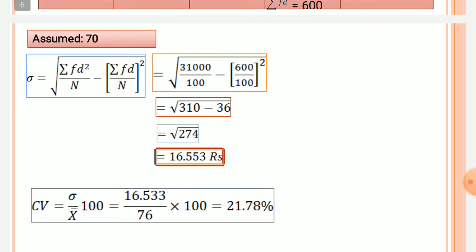Now, sigma is equal to root of sigma fd square by n minus sigma fd by n whole square, is equal to root of sigma fd square 31,000 divided by 100 minus sigma fd 600 by n 100 whole square, is equal to root of 310 minus 36, is equal to root of 274.